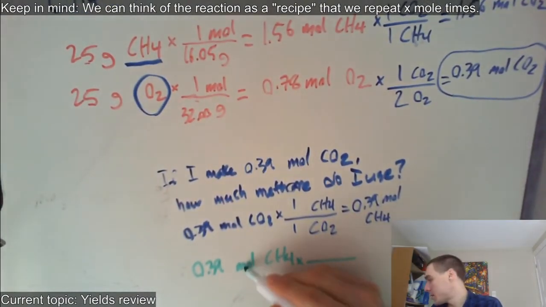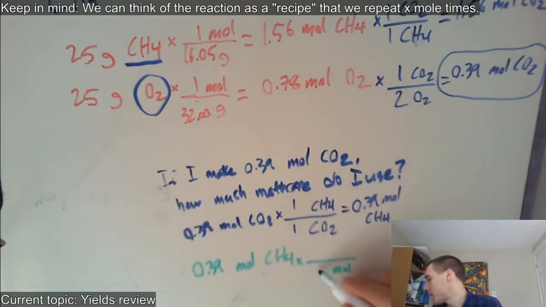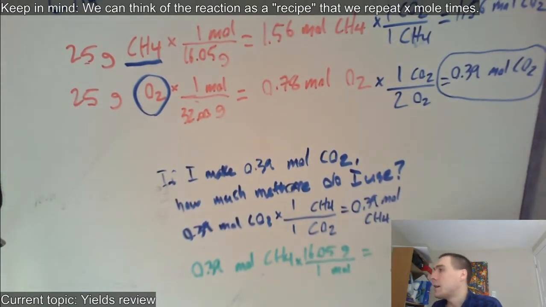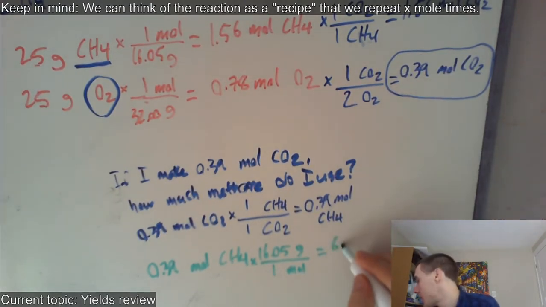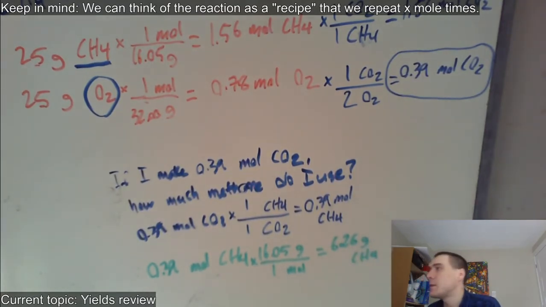Moles is up here, we want moles on the bottom, and that's always per 1 mole, grams per mole. So we're going to multiply by grams per mole. 0.39 times 16.05 is 6.26 grams of CH4. We're going to use 6.26 grams.